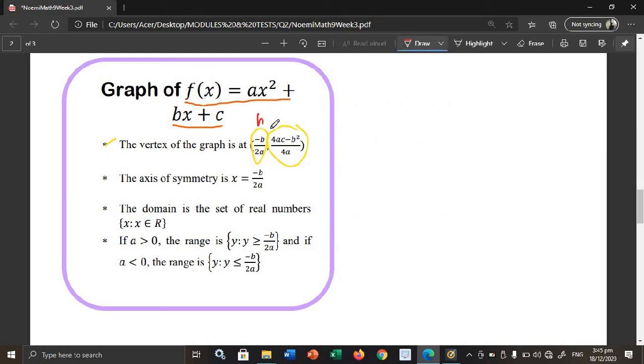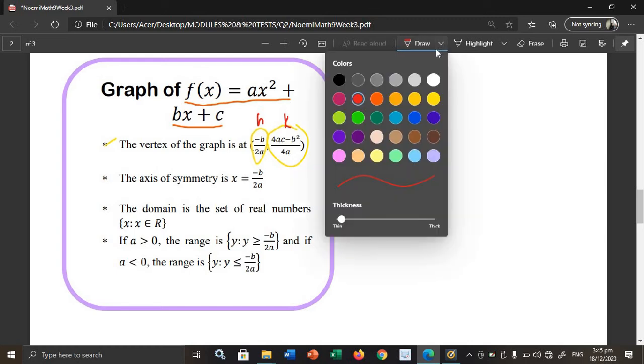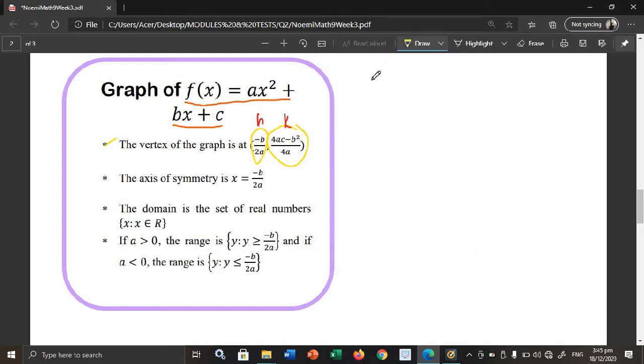I already discussed this last lesson, in lesson 11, if I'm not mistaken. And then for you to be able to find the value of k, you're going to use the formula 4ac minus b squared all over 4a. So you're going to list the values of a, b, and c, tapos you're going to substitute in this formula and then simplify for you to be able to find the vertex or the center.